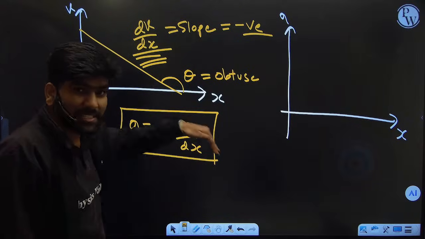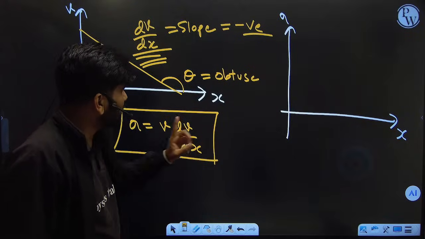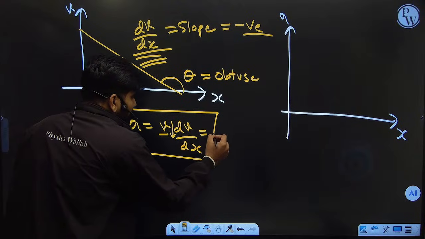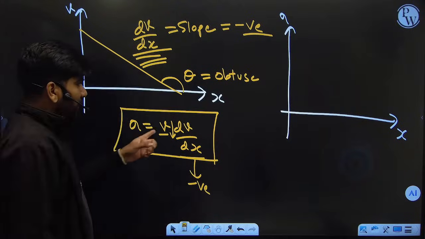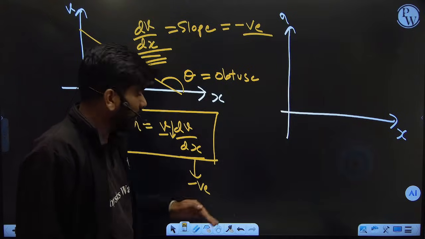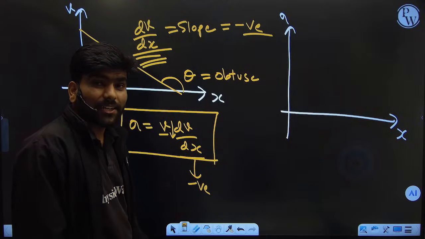So velocity is changing, but dv by dx is constant and it's negative. So our graph will look something like this. Velocity is decreasing, dv by dx is a constant, negative value. Since v is decreasing linearly, acceleration will also fall linearly. Its value will decrease, and the graph is going to have a negative slope.